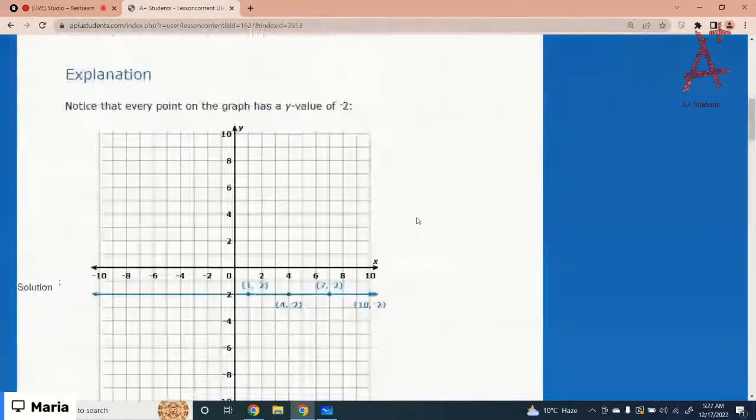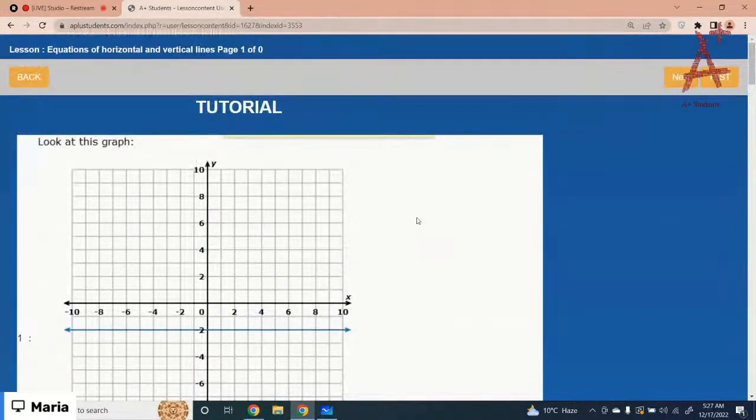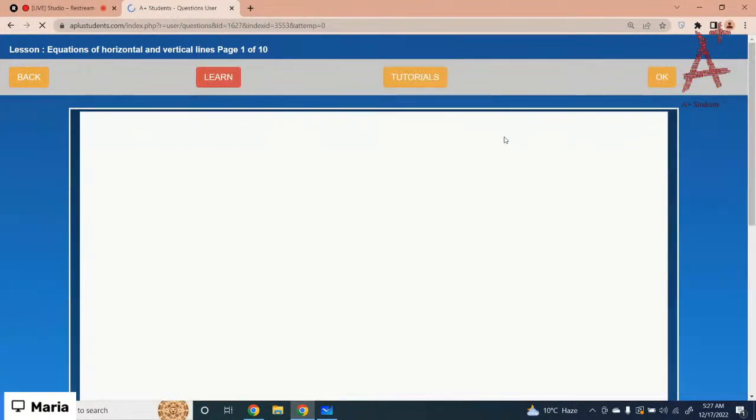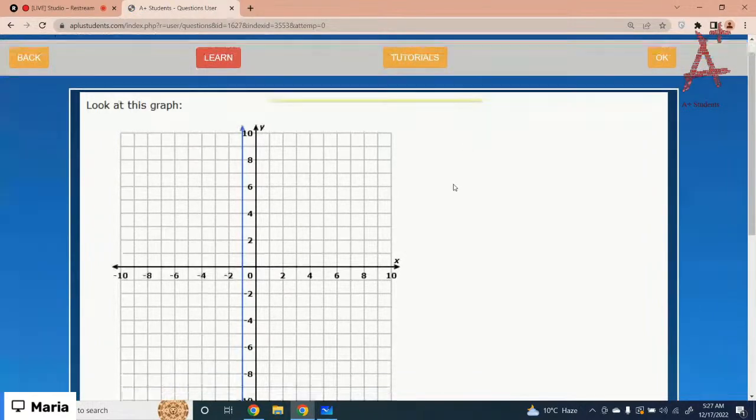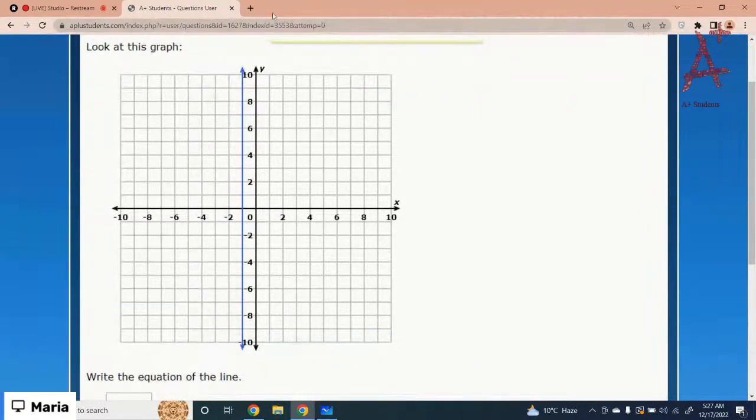Let's start with the test. Okay, look at the graph. It is a vertical line. Got it? If you select any point on the graph, like this one, it has the x value negative 1, y is 2. If you select this one, x is again negative 1.